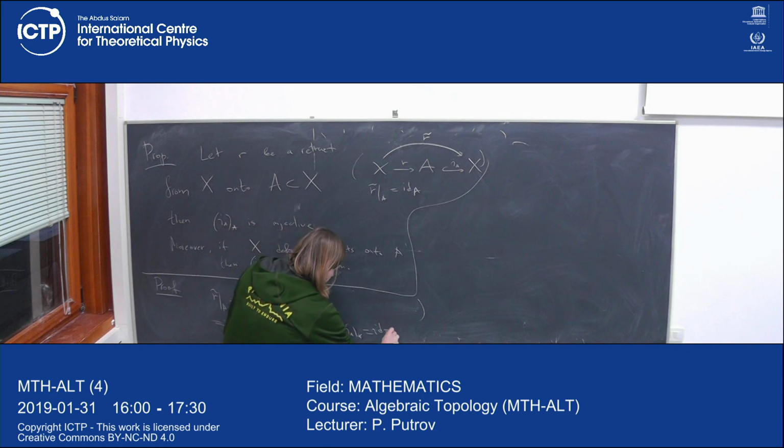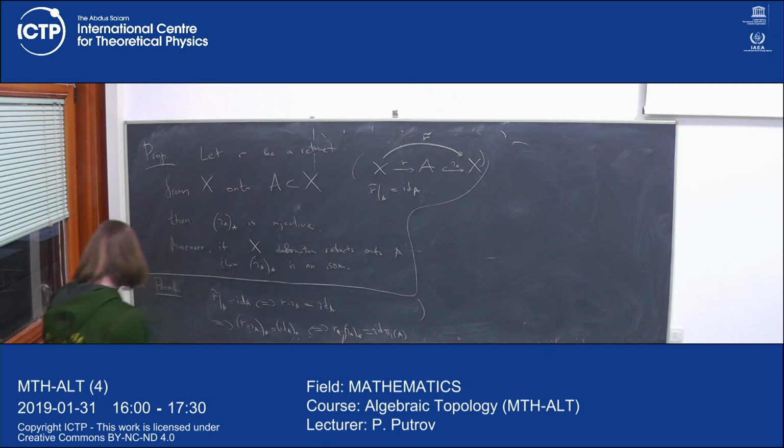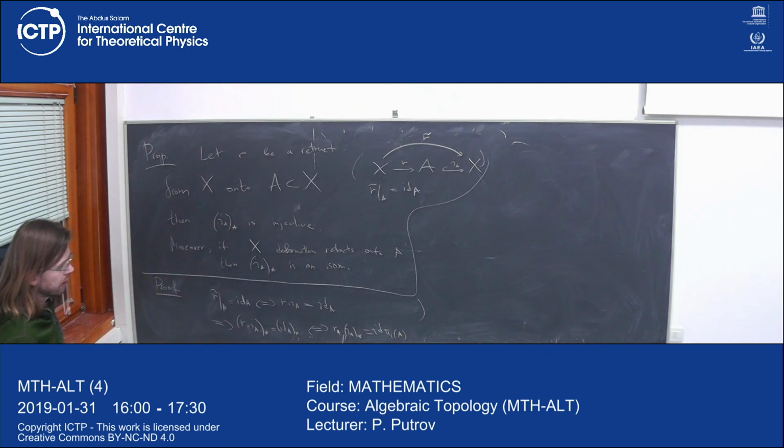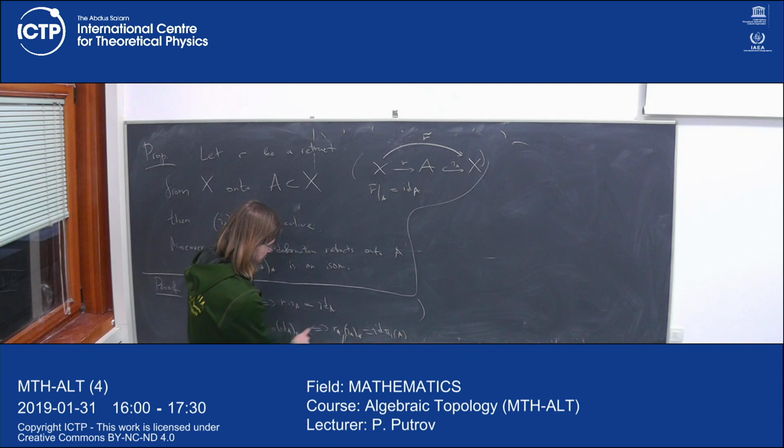So this is the identity of pi1 of A. If the composition of two homomorphisms is the identity homomorphism, this can only be the case if the first one is an injection.